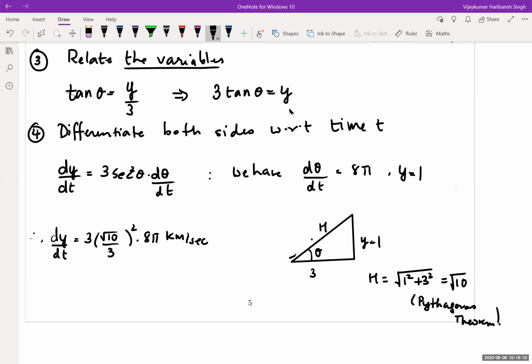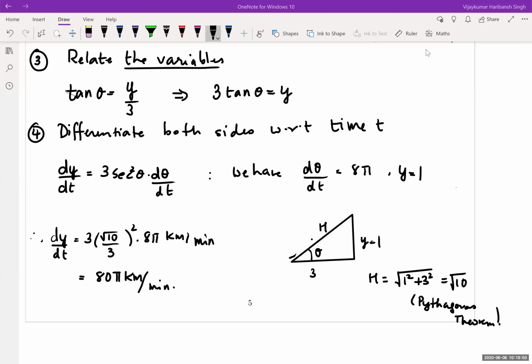So let's simplify this. It's going to be 3 times 10 by 9 times 8 pi, which is 80 pi by 3 kilometers per minute. So this is your answer.